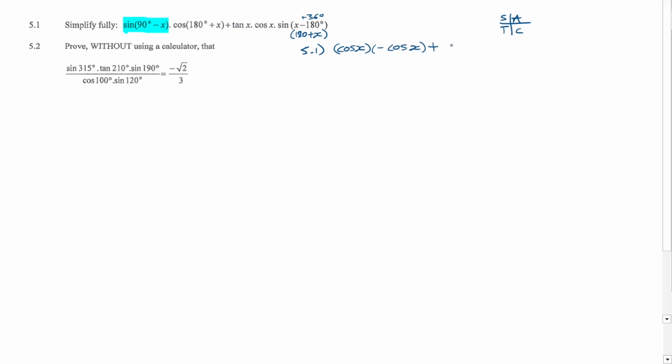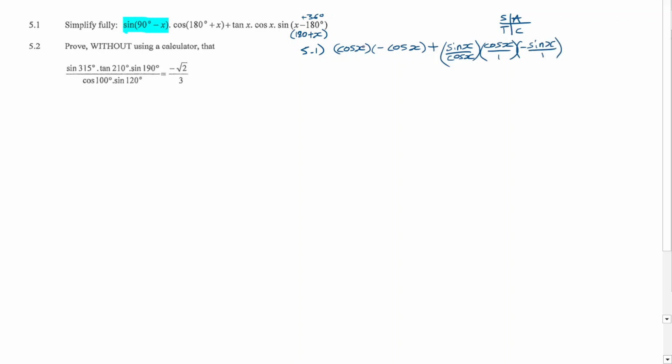Tan is just sine over cos, so straight away I'm going to expand that identity to sine over cos. Cos x is feeling a bit left out, so I'm going to put it over 1. And this we said was 180 plus, so that's in the third quadrant where sine is negative. Again, it also feels a bit left out, so I'm putting it over 1.